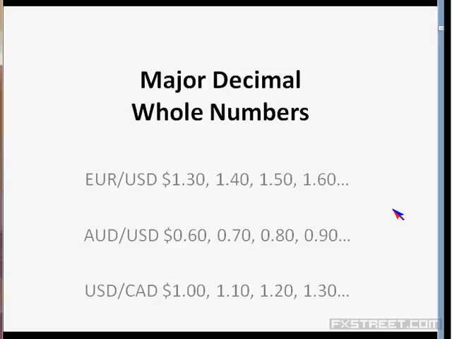Because they mark the end of a previous set and at the same time the beginning of a new set of regular whole numbers, not the major decimal whole numbers. For example, between $1.30 and $1.40, we would have $1.31, $1.32, $1.33, and so forth, 9 regular whole numbers.